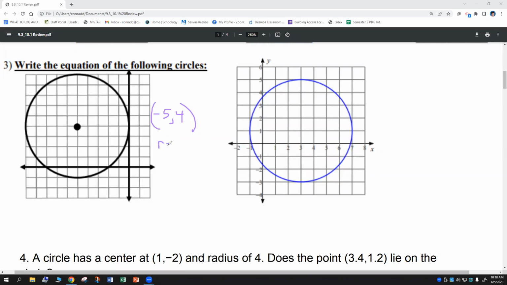So r equals 5. So when we write this out, it's going to be x minus -5, which becomes x plus 5, squared, plus y minus 4, squared, equals 5 squared, which is 25.